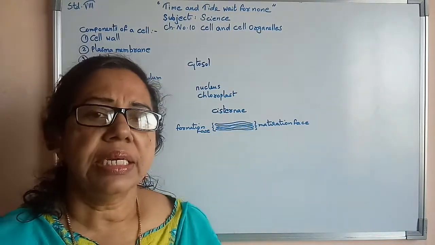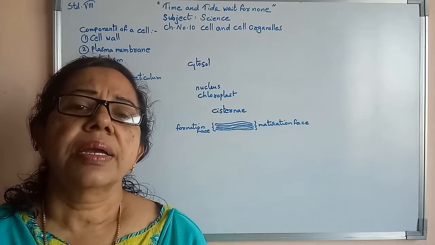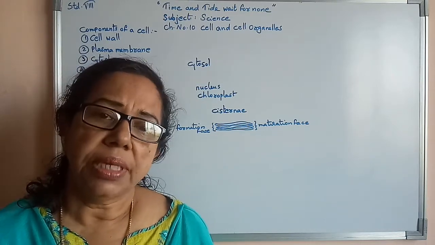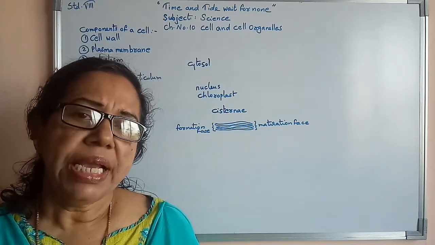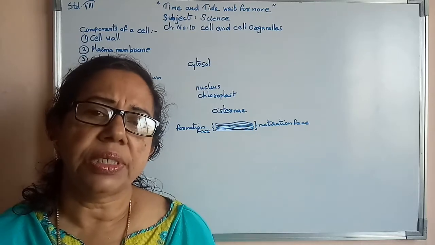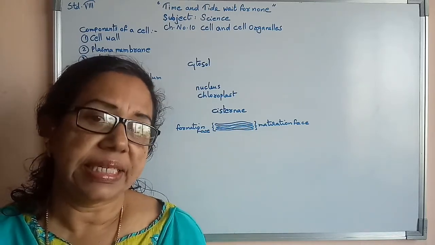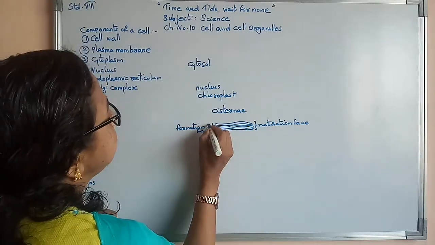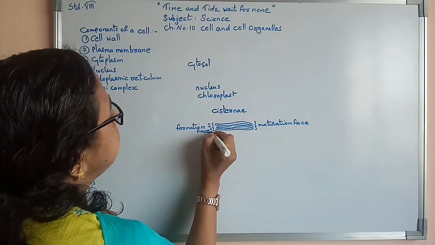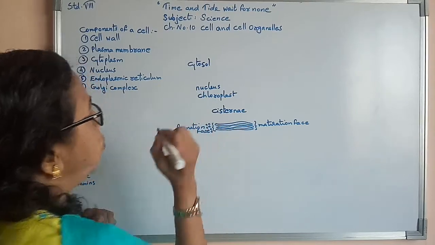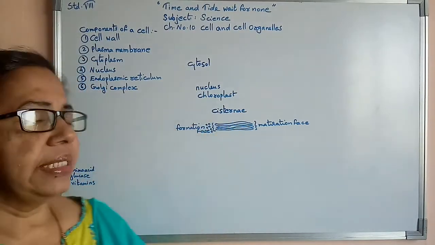The vesicles collect protein from the endoplasmic reticulum and reach the formation phase of the cisternae.